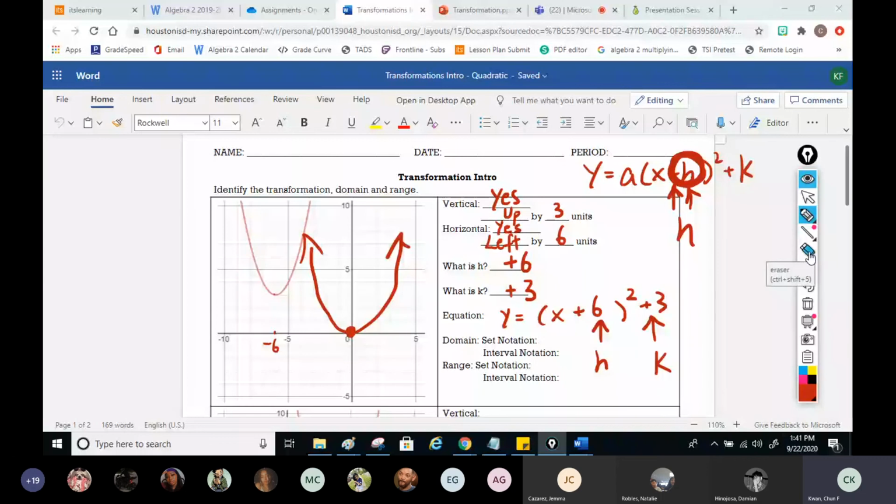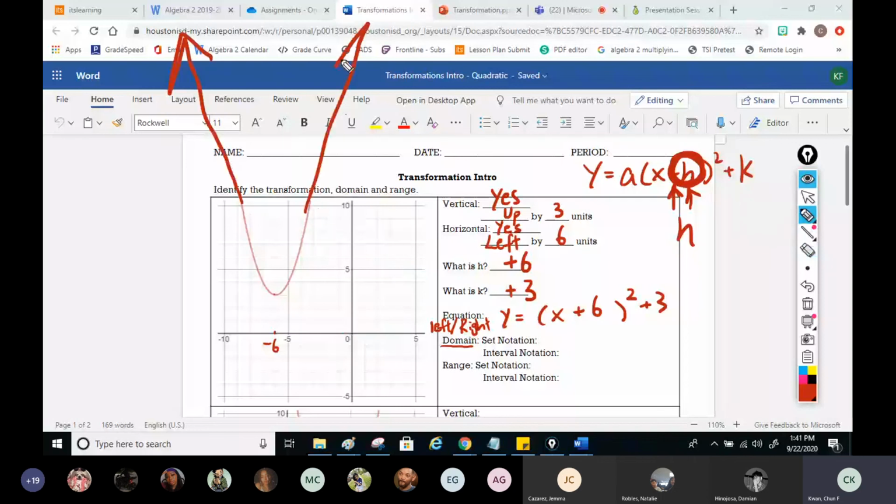Okay, all right, now the next thing is go back to our old friend, domain and range, okay? Domain and range of the new function. So domain is going to be how far left and right. Remember, how far left and how far right does the graph go. Looking at the new graph, you can tell that the graph is going to go up forever this way, and then it's going to go up forever that way. So that means the domain is going to go from negative infinity all the way to positive infinity.